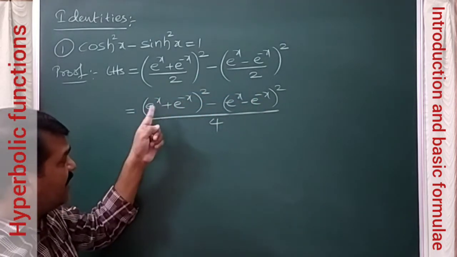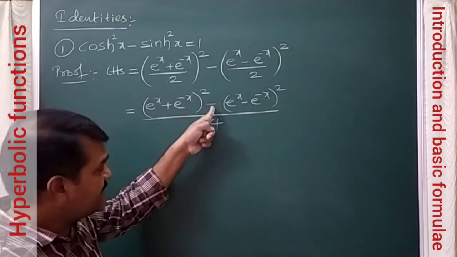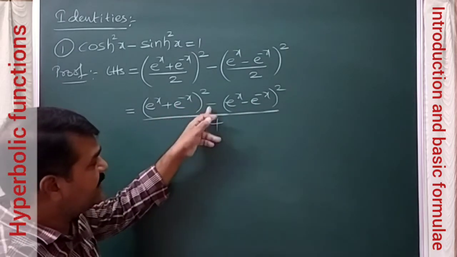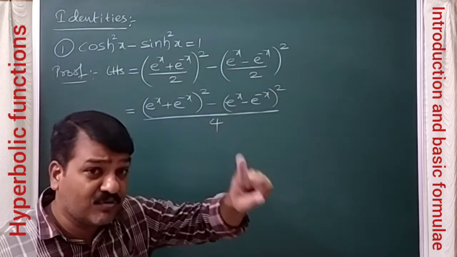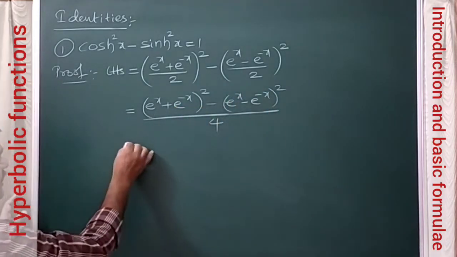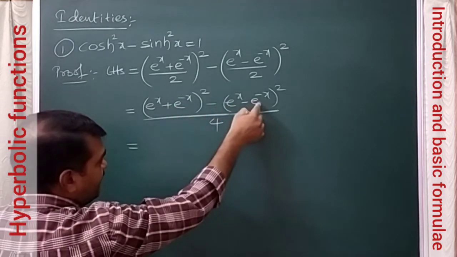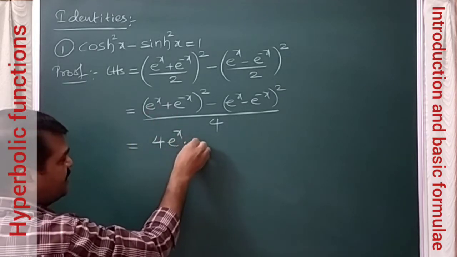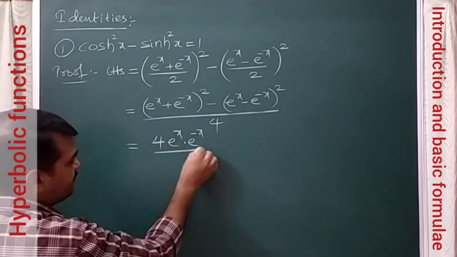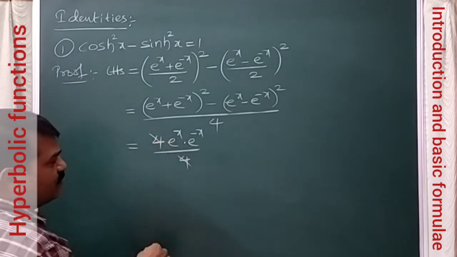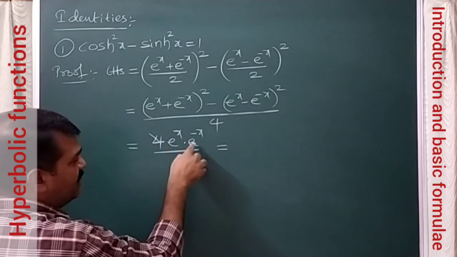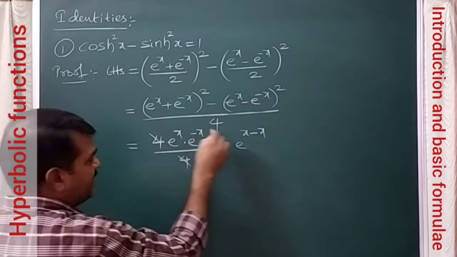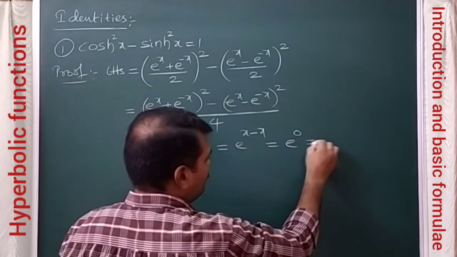Now this is a plus b whole squared minus a minus b whole squared, which gives 4ab. That means 4 e power x into e power minus x by 4. The 4 cancels. So e power x into e power minus x, the bases are the same, adding the powers, e power x minus x, so e power 0, that means 1.